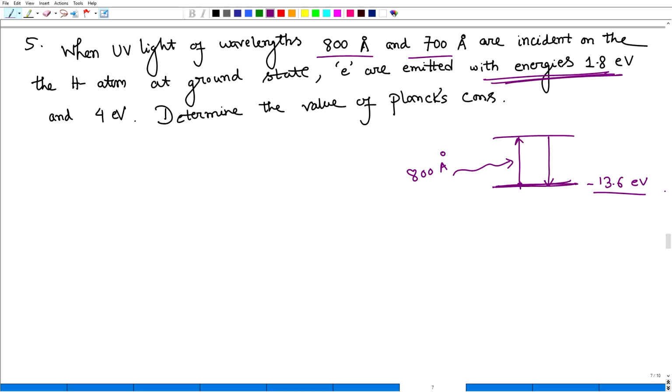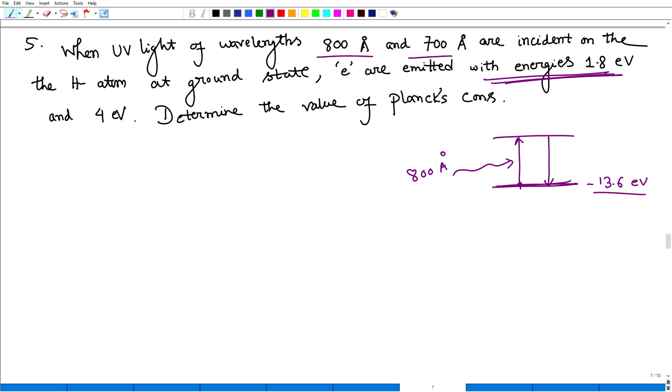After paying the work function, the electron will be emitted, right? So there must be a work function, and this work function should be equal to this E0, 13.6 electron volt. So if the incident photon can provide E amount of kinetic energy to the electron, then obviously h nu should be equal to E plus work function. This we know.